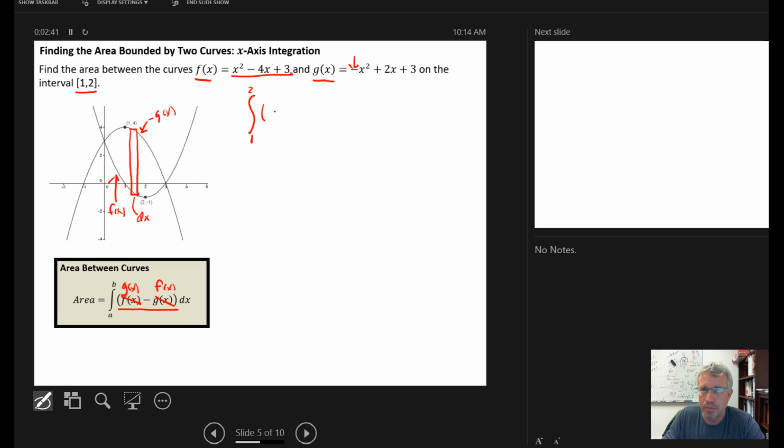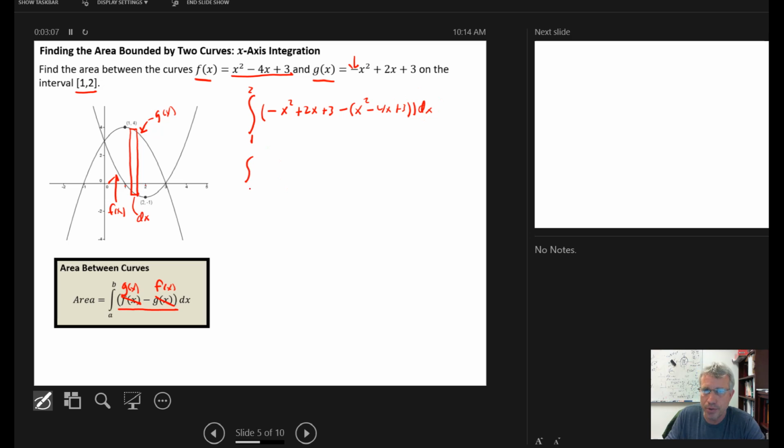And in this case, it's going to be g of x, which is negative x squared plus 2x plus 3, minus f of x, because f of x is the function below. And I need a parenthesis so that the minus will distribute into the parentheses. And then I close off my parentheses so that I'm not violating the distributive law, and I have my dx.